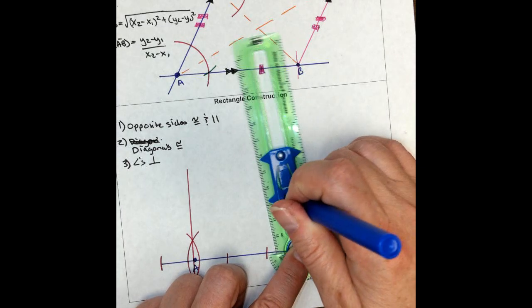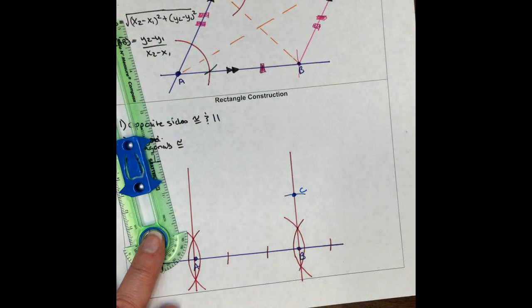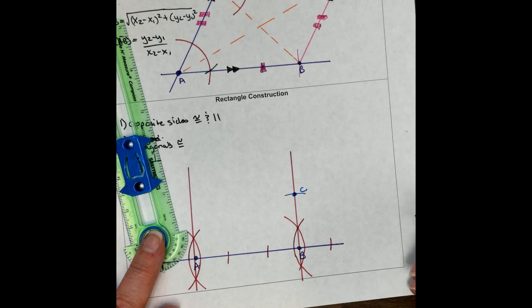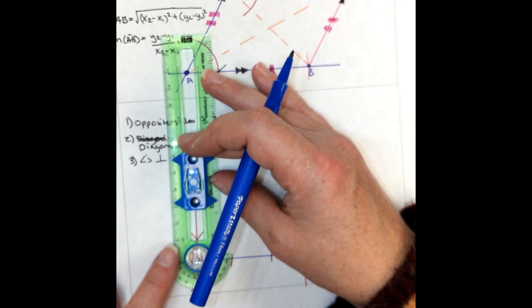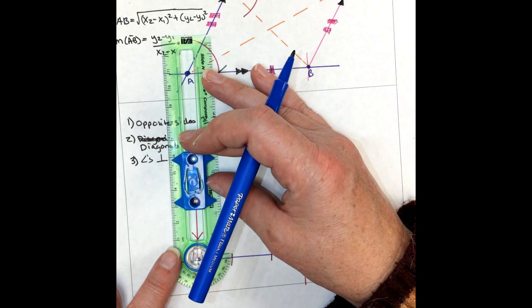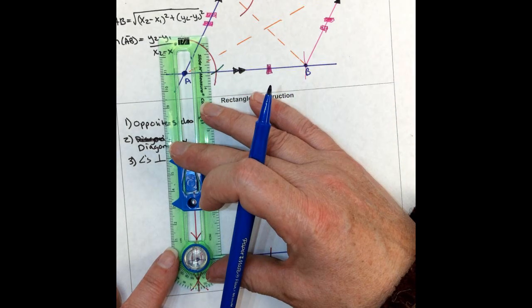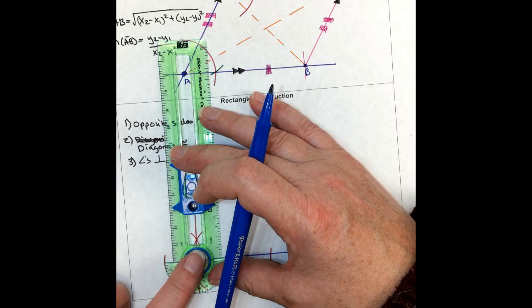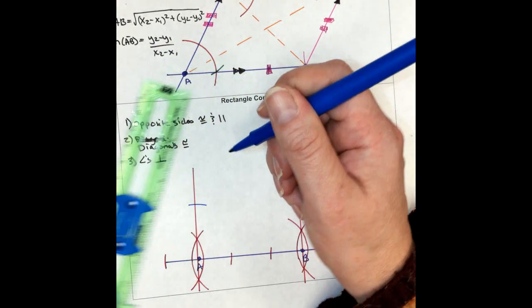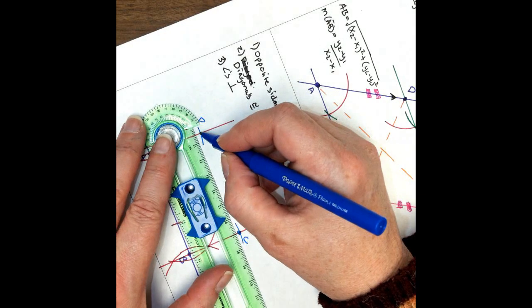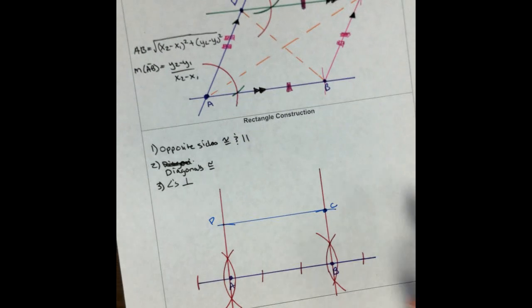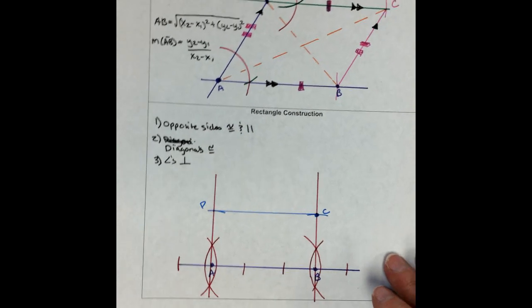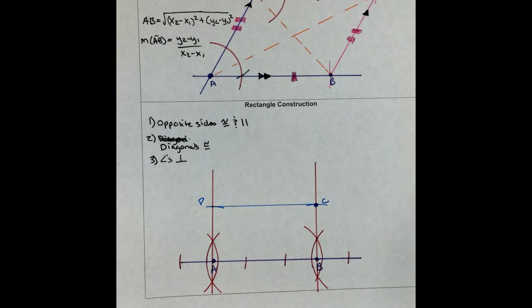I'm going to put an arc through the line there, and then I'm going to measure the same distance on the other leg over here. An arc. That's going to be D. And then I'm going to connect my 2 intersections. And there is my rectangle A, B, C, and D.